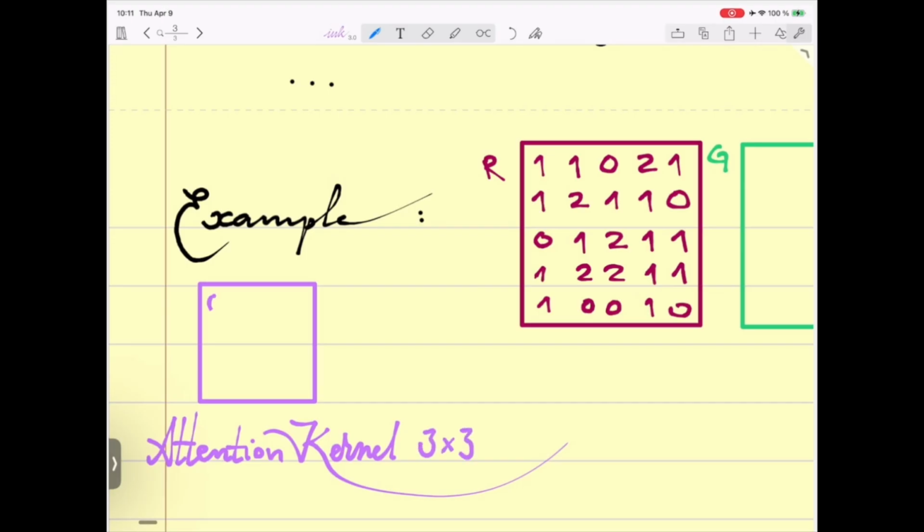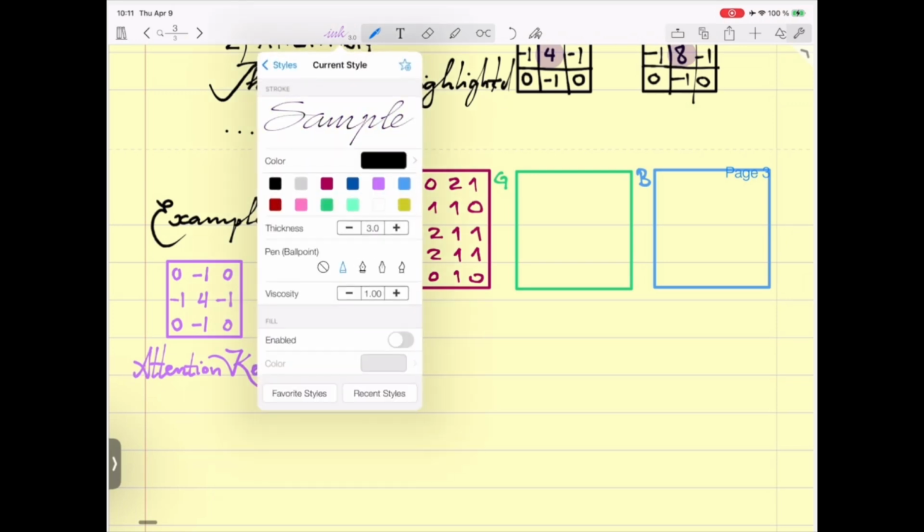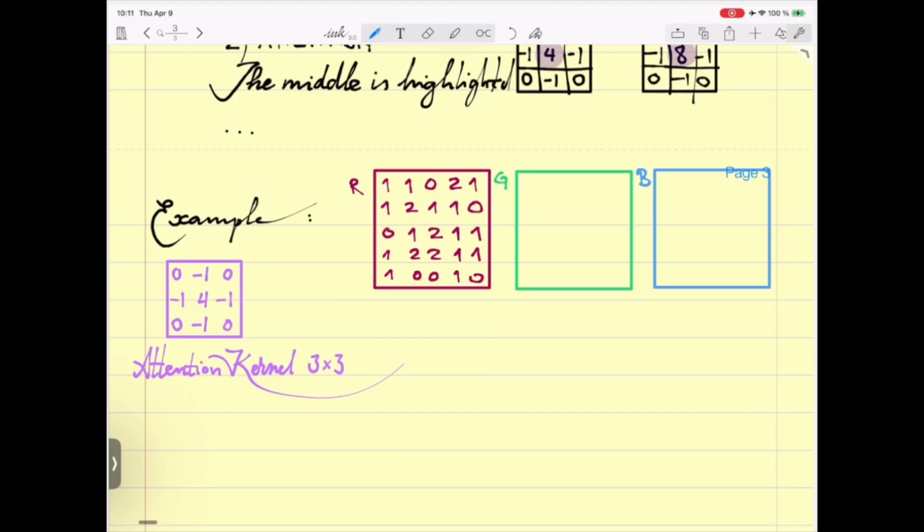And this is going to be 0, -1, 0, -1, 4, -1, 0, -1, 0. Okay. And we define one parameter. So this is given. We define a convolution parameter called stride, s equal 1. Okay, I will explain just what that means.